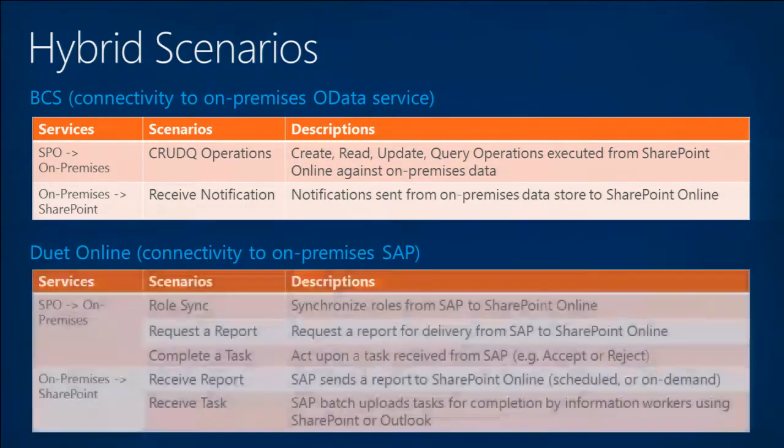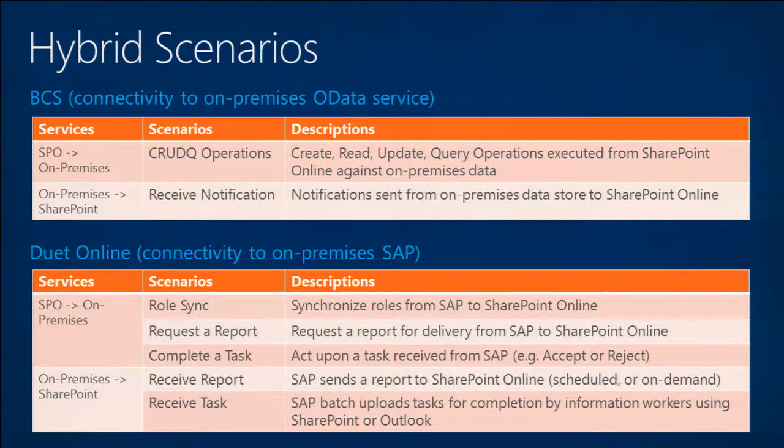And for Duet, Duet has the same scenarios as BCS because it's built on top of BCS. So we'll show specifically for the case when the on-premises system is SAP, what the BCS scenarios become and how they change or at least are configured slightly differently.